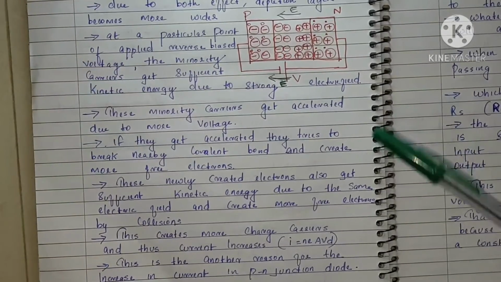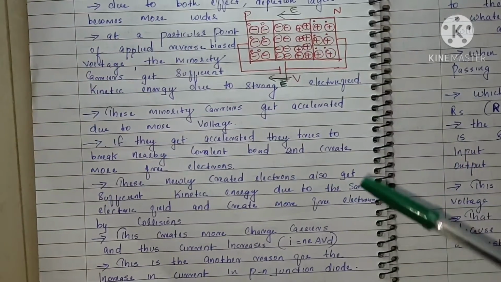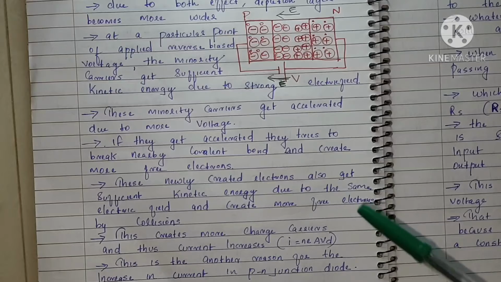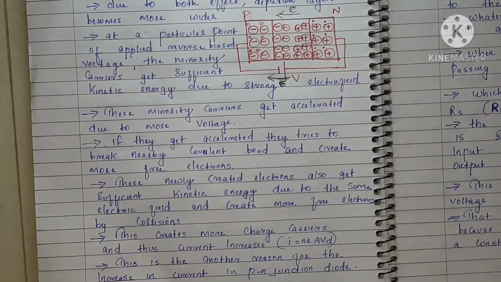And these minority carriers will get accelerated due to more voltage, and these accelerated minority carriers try to break nearby covalent bonds and will create more free electrons. These newly created electrons will also get sufficient kinetic energy and will create more and more free electrons by collision.